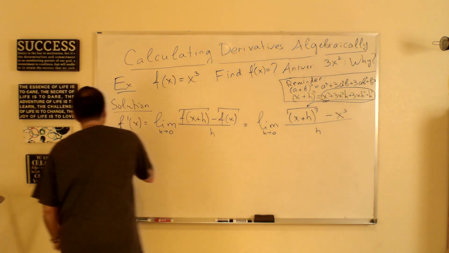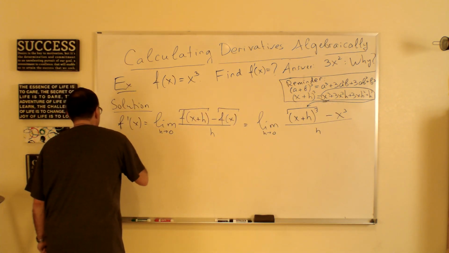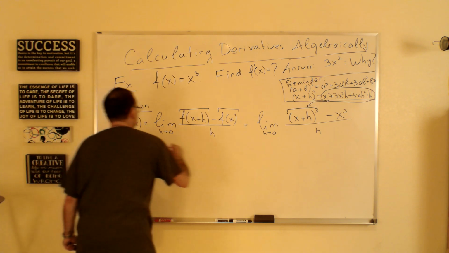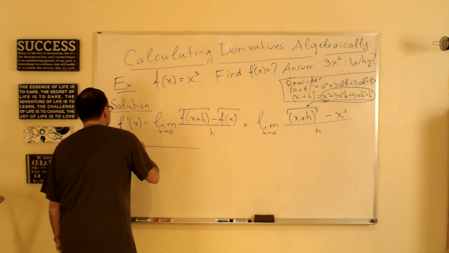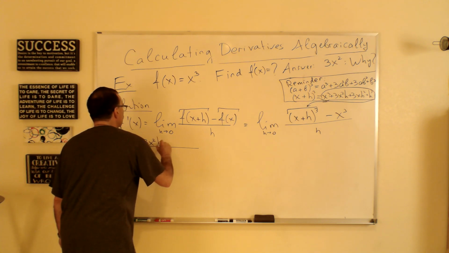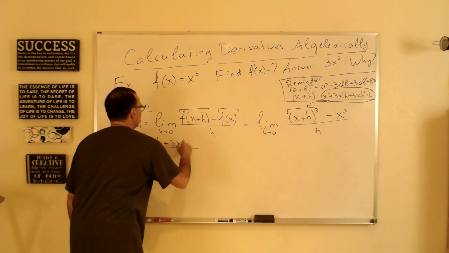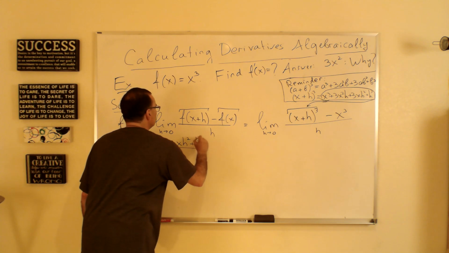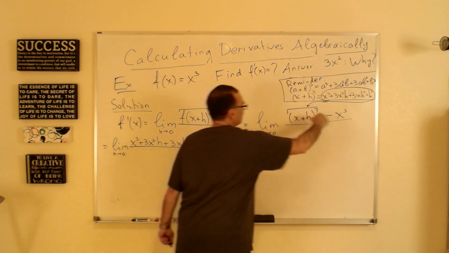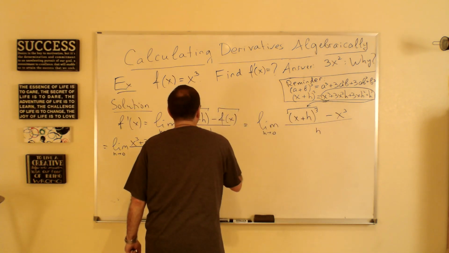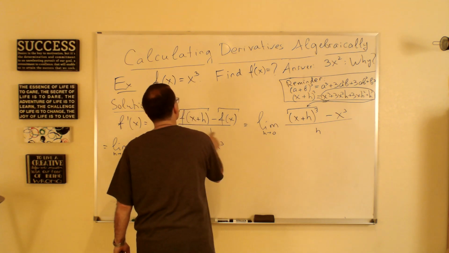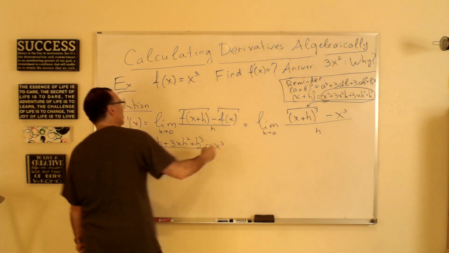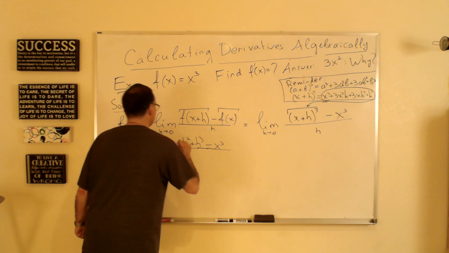And now it becomes the limit as h approaches 0 of x cubed plus 3x squared h plus 3x h squared plus h cubed. So this was the expansion of that. Now minus x cubed, and all of that divided by h.